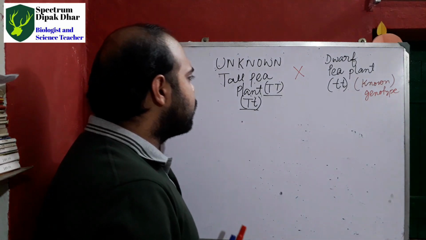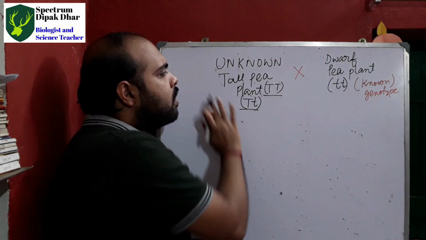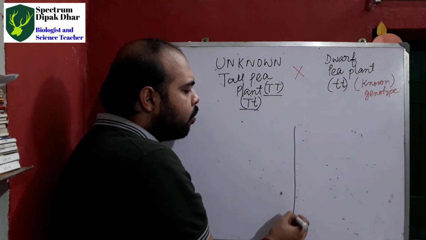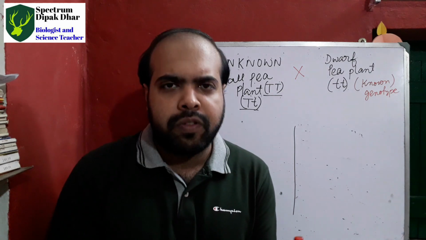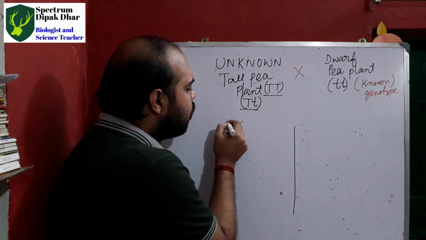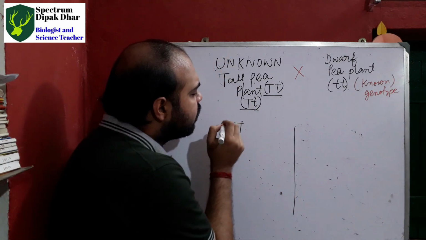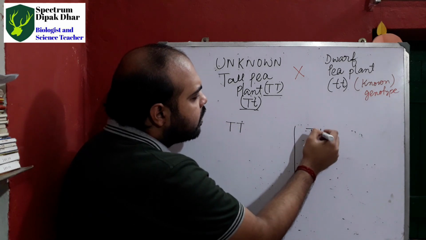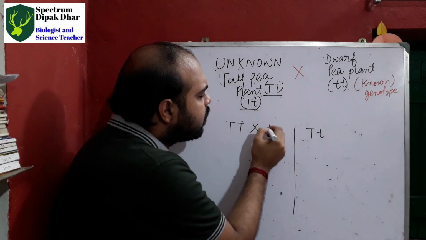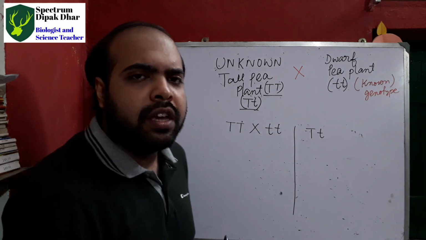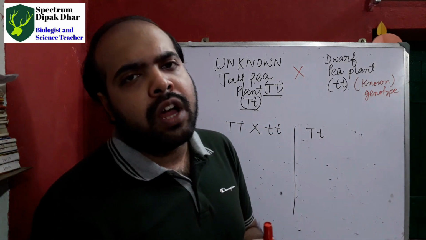Suppose we don't know the genotype of the unknown pea plant. There are two possibilities: it can be homozygous, or it can be heterozygous. In both cases we are crossing it with a known homozygous recessive pea plant.